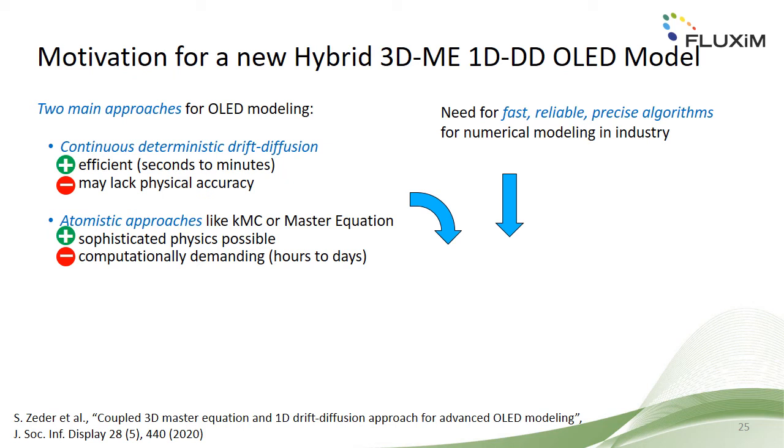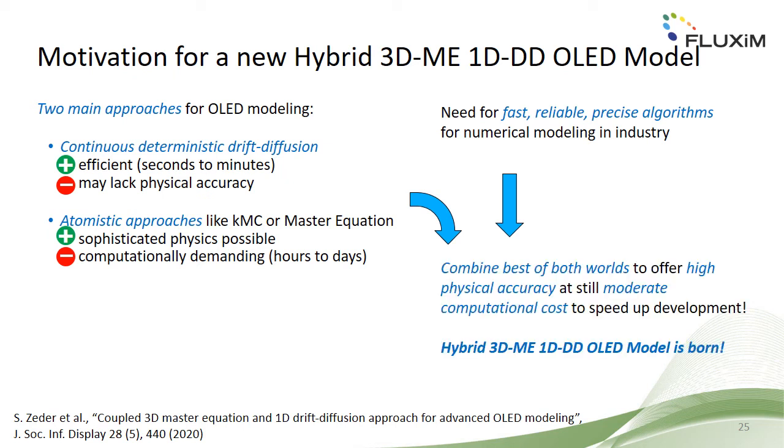And what we are trying to do now is to combine the best of both worlds to offer high physical accuracy at still moderate computational cost. And this is now the newborn hybrid 3D master equation 1D drift-diffusion OLED model. And we have recently published this model approach in this publication listed here.